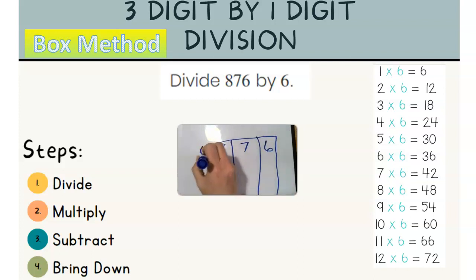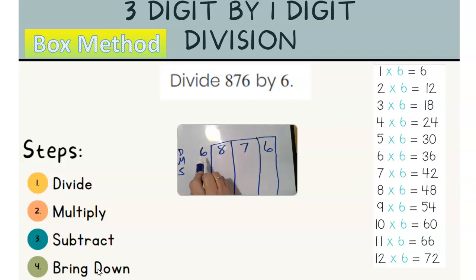I'm dividing by 6. It's the same exact problem that we did on the slide before, but we're just going to solve it a different way. This time, instead of bringing down the number, we're going to do something a little different. We're still going to divide, multiply, subtract, and I'll tell you what we're going to do instead of bring down when we get there.